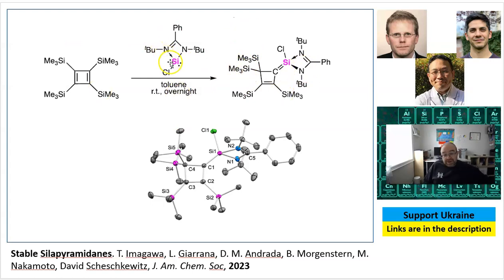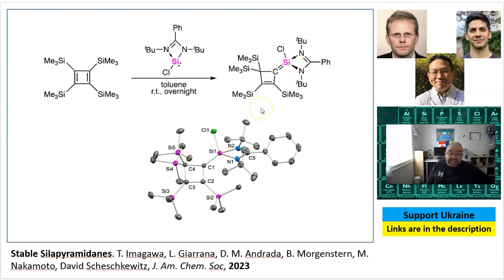So what happened here? As they expected, this silicon with 2 reactive electrons here attached itself to the double bond, but then a trimethylsilyl group migrates to another carbon and a double bond between carbon and silicon forms. Now this is already an unusual molecule as well. Very unusual because it has a silicon-carbon double bond conjugated with a carbon-carbon double bond.